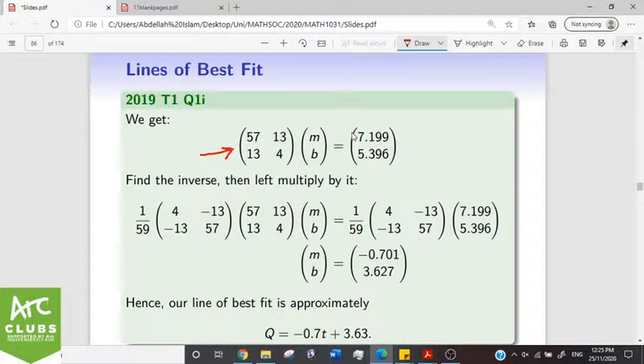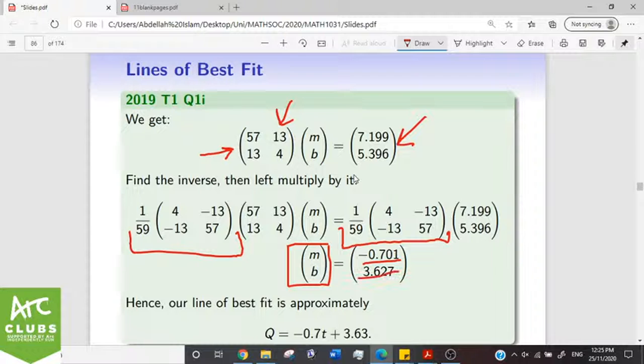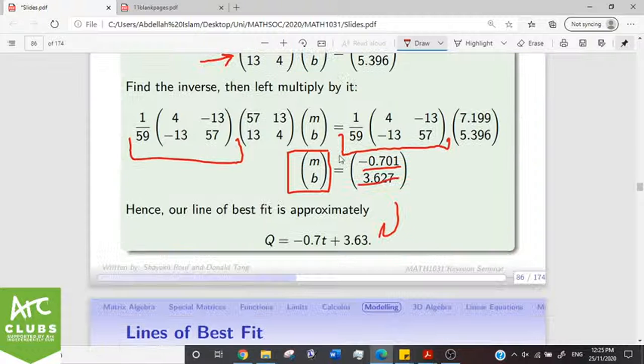That's just by doing matrix multiplication. Same thing over here. So now we need to multiply both sides by the inverse of this thing. So we multiply by the inverse, and of course we need to do that on the right-hand side as well. And this isolates the M and B. And so now we know that M is this and B is this. Plug those into our Q formula, and there you go. We have a nice approximate line of best fit for Q.